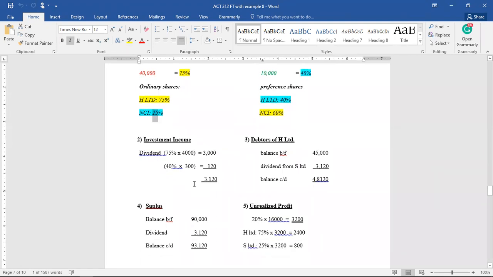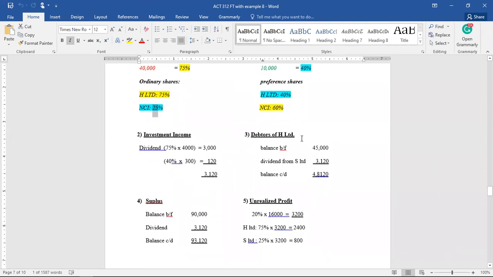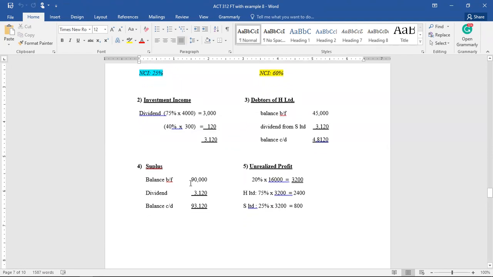Then note 3, I adjust my debtors by adding my investment income to the debtors. I also adjust my surplus by adding it to my surplus over here.